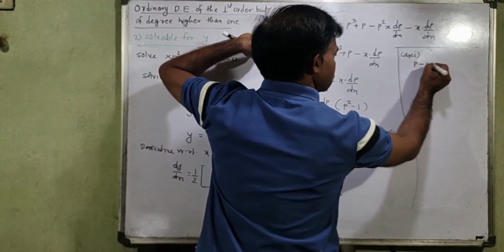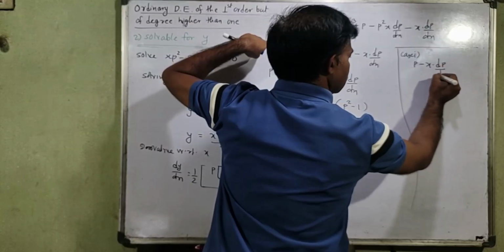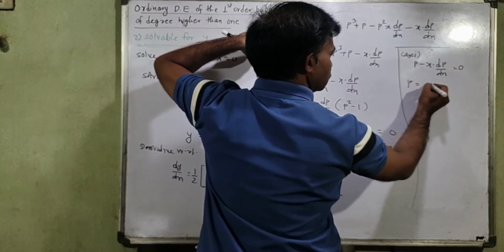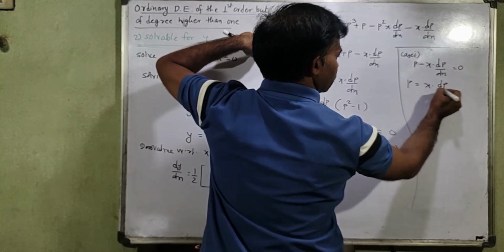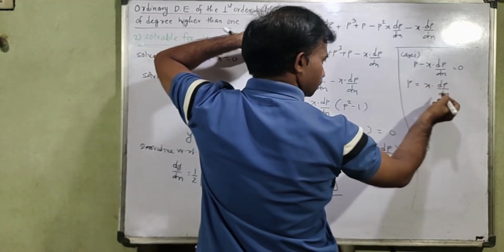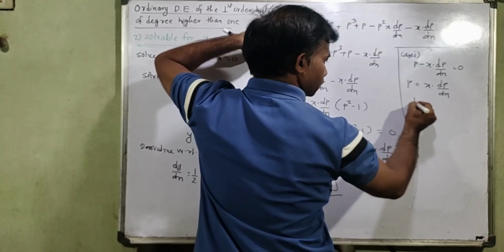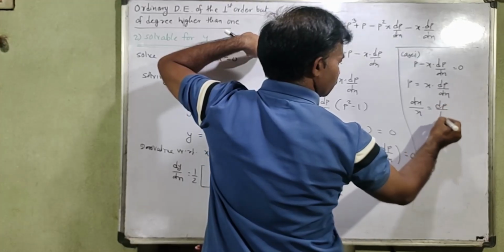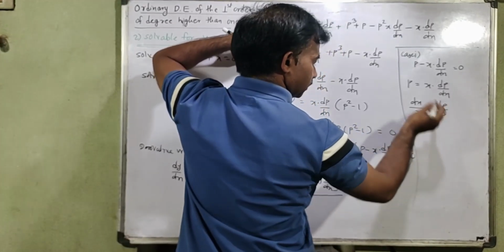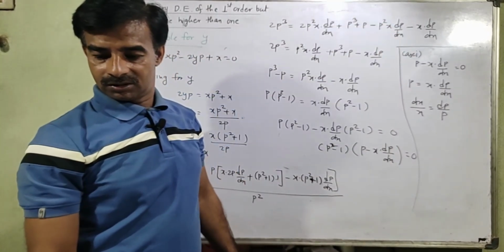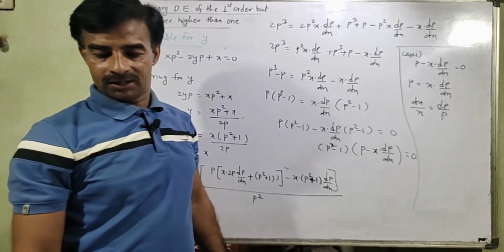I am taking the first case here, case 1: p minus x into dp divided by dx is equal to 0. This is p is equal to x into dp divided by dx. Then transferring the x and dx, you will get dx divided by x is equal to dp divided by p.